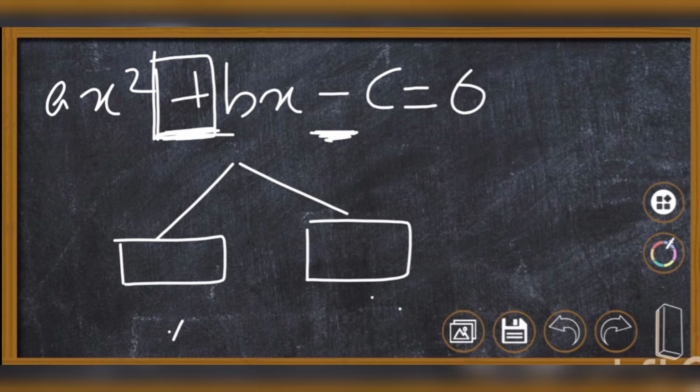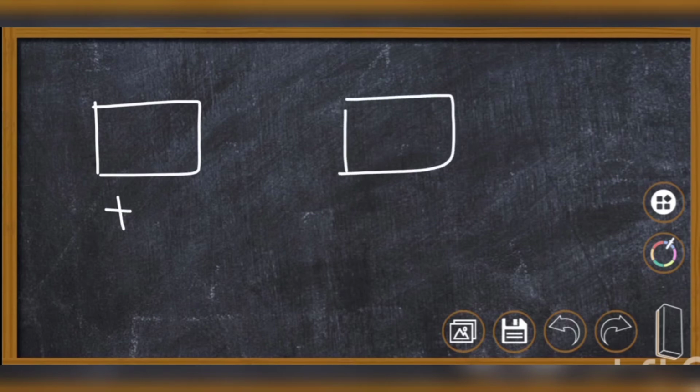The positive root or the lowest one will have the sign which is associated with b. Now, we told we have two roots, positive and negative.